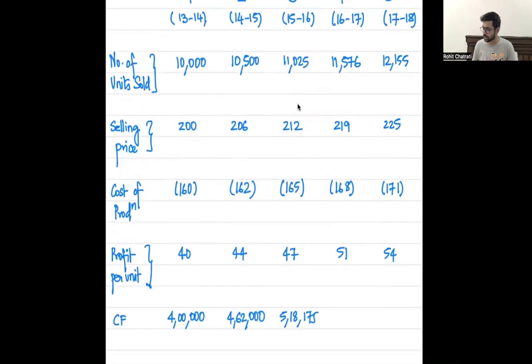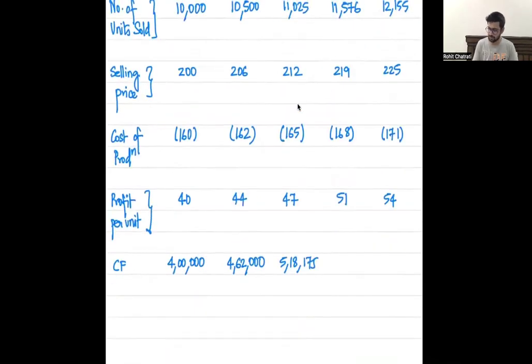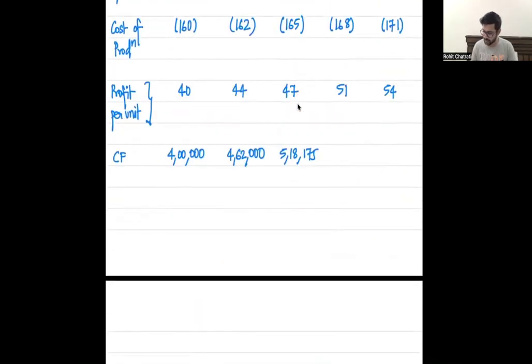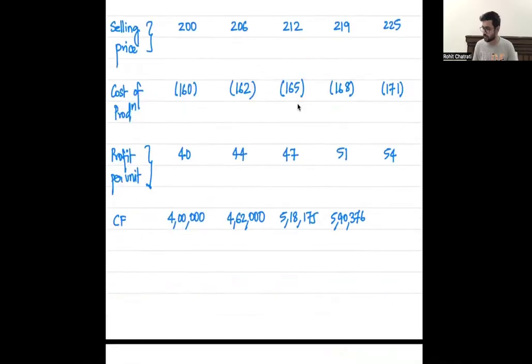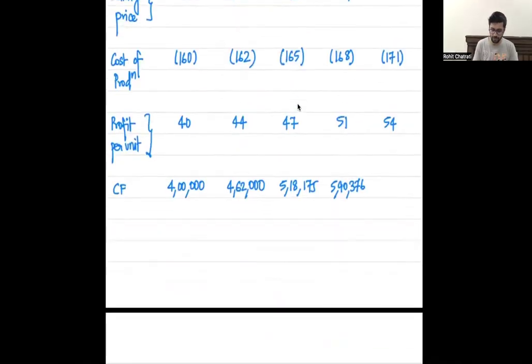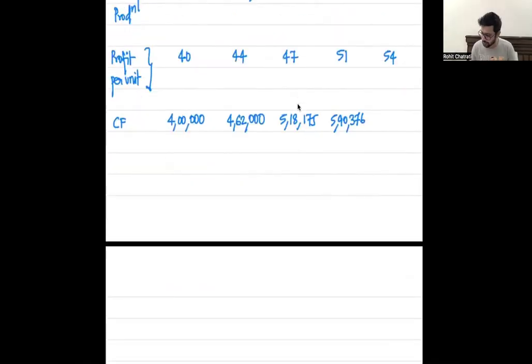For the fourth year, it will be 11,576 multiplied by 51, which is equal to 5,90,376. For the fifth year, it will be 12,155 multiplied by 54, which is equal to 6,56,370. All right. So these are the cash flows that I expect to receive. 4 lakh in the first year, 462 in the second year, and so on.